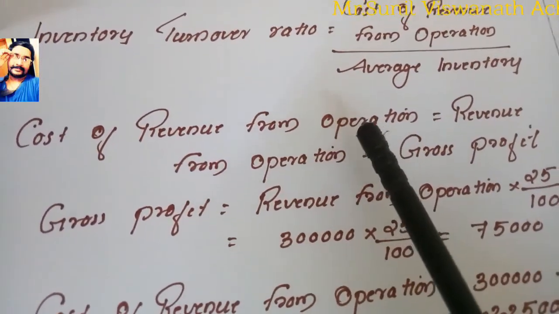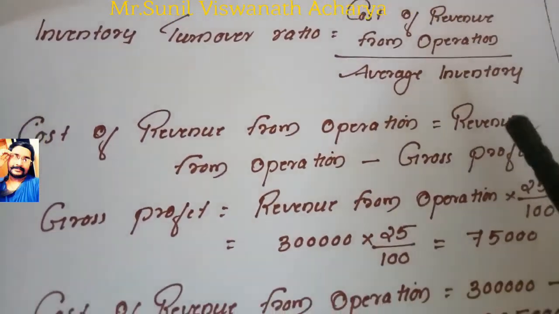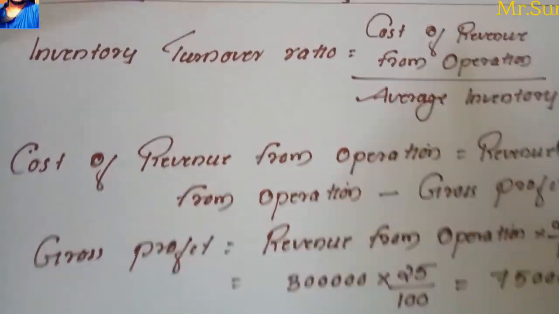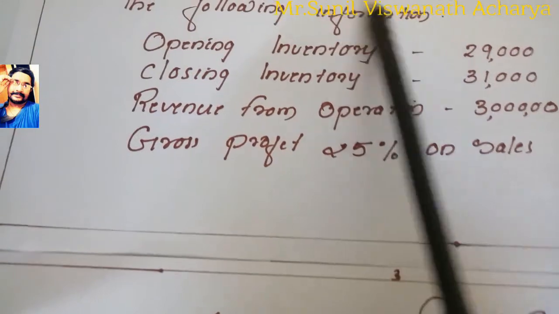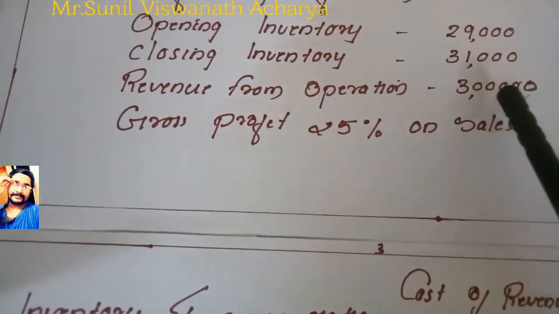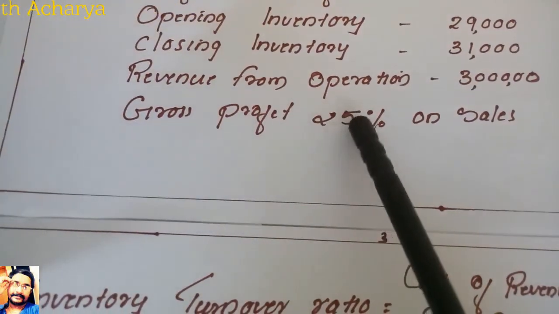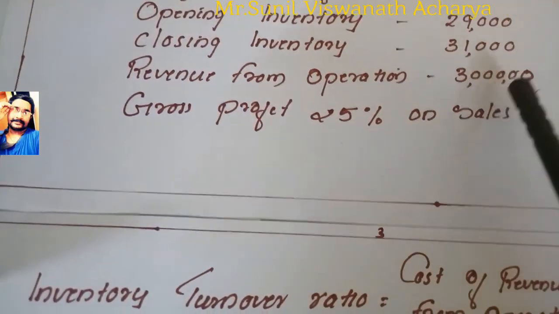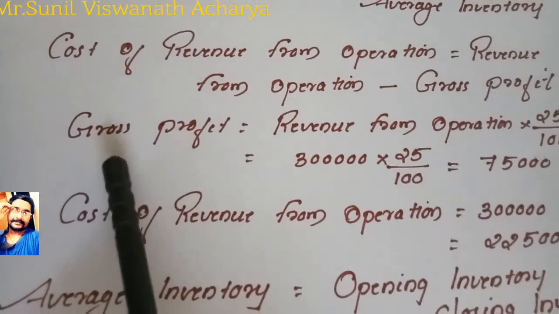We already studied in 11th standard how to calculate cost of goods sold. There are 2 equations. In the second equation we apply revenue from operations minus gross profit. We know revenue from operations is 3 lakhs. How to calculate gross profit? They gave 25% on sales. Sales means revenue from operations. So first we calculate the gross profit.